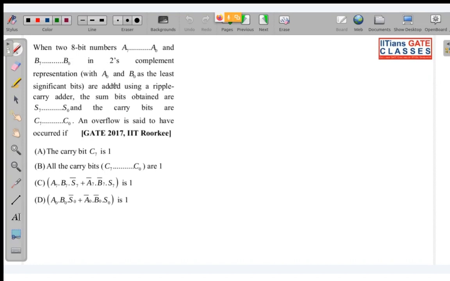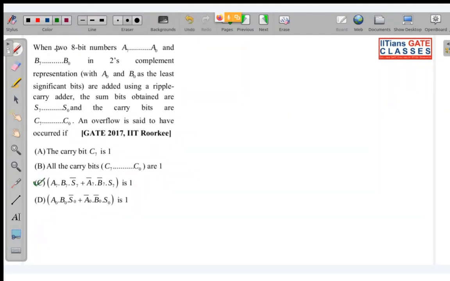Can anyone tell me what will be the answer? C. What about others? Piyush, Bhumika? Very good, everyone got the correct answer.